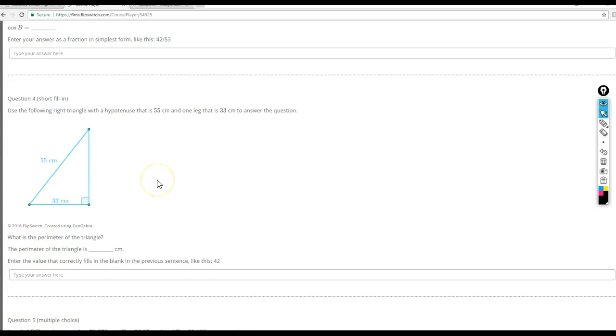And there's one theorem that I know that you can use to find the side lengths in a right triangle, which is the Pythagorean theorem, which is a squared plus b squared is equal to c squared.